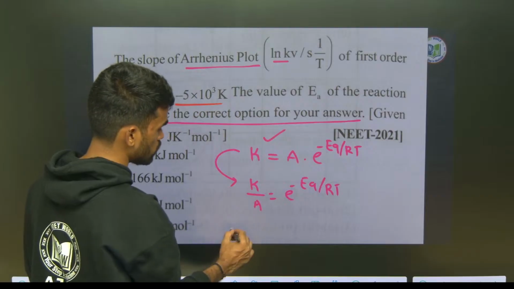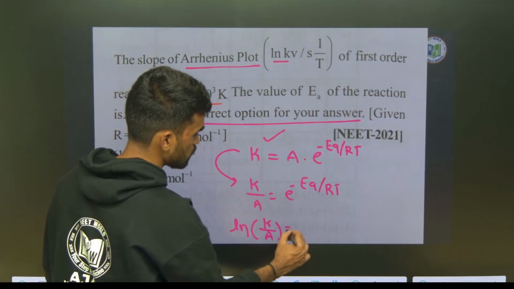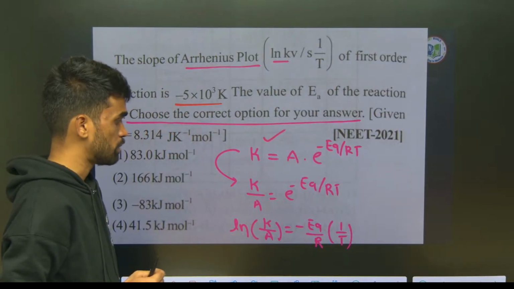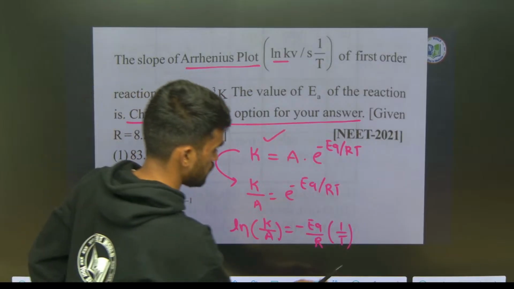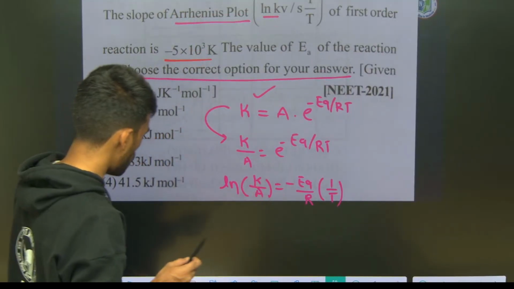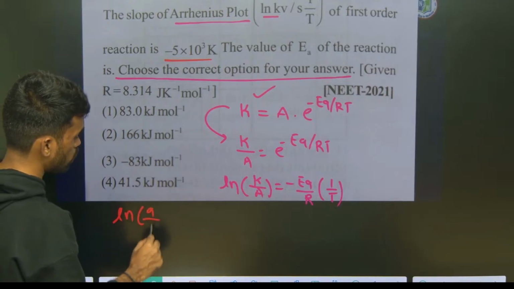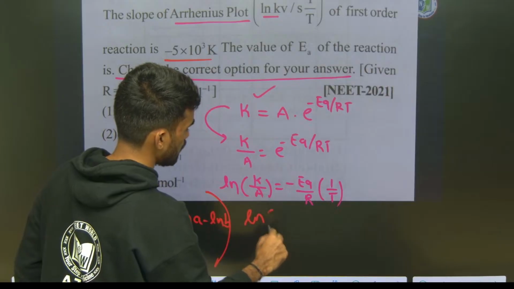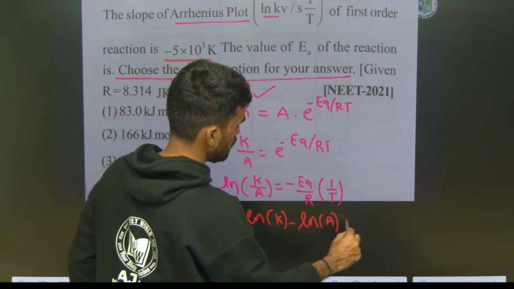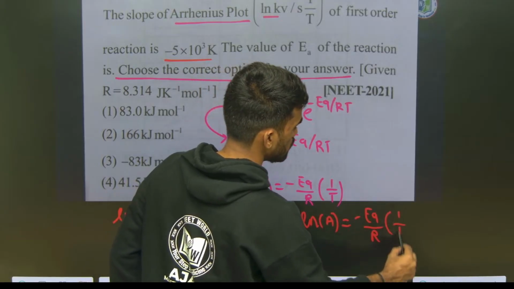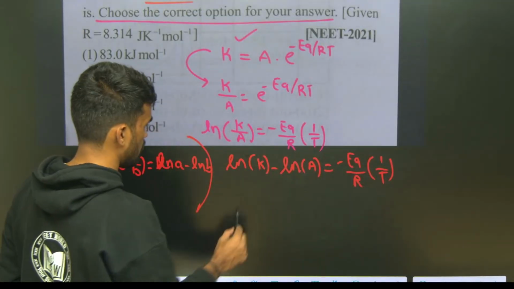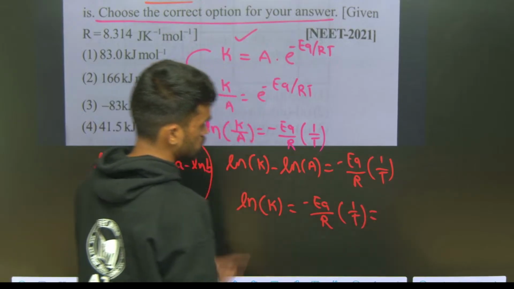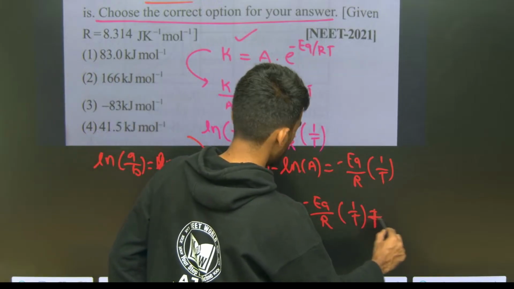Taking e to this side, it becomes ln K by A, which is equal to minus EA by R into 1 by T. Now they are saying ln K versus 1 by T, so we need the form ln of A by B, which we write as ln A minus ln B. Similarly here, ln K minus ln A is equal to minus EA by R into 1 by T. I want only ln K, so ln K will be equal to minus EA by R into 1 by T, and if I send that to the other side, it becomes plus ln A.